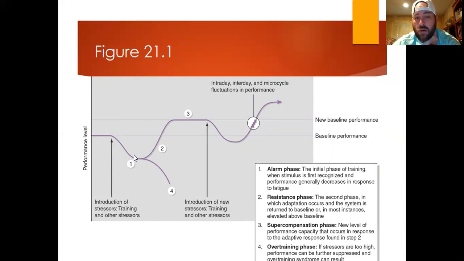The way I like to describe this, well, first off, number 1 is the alarm phase. There it is. It's the initial phase of training when the stimulus is first recognized and performance generally decreases in response to fatigue. Think about the last time that you really started and went into the gym for the first time, or if you remember back in athletics, maybe right after summer, right?